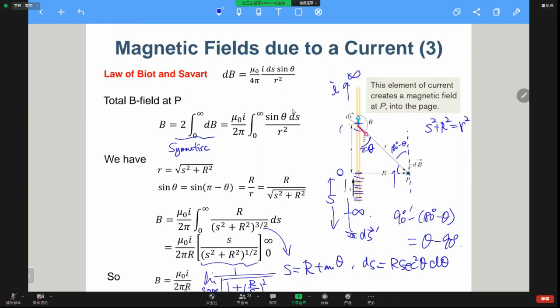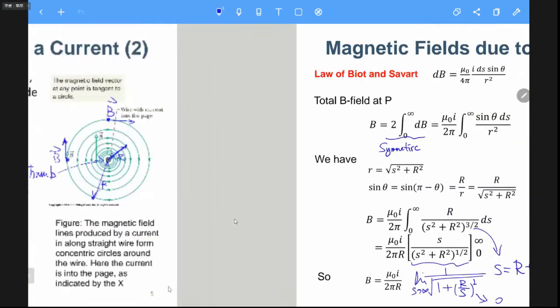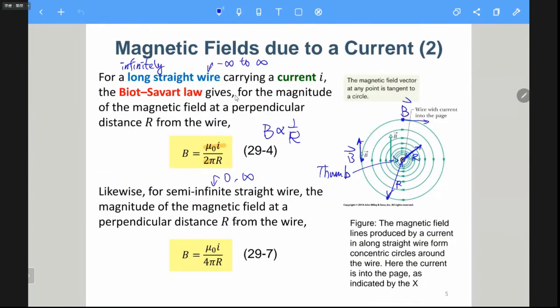So far, any questions? So actually, we know that for an infinitely long straight wire with current I, the magnetic field generated by it will be mu naught I over 2 pi r.